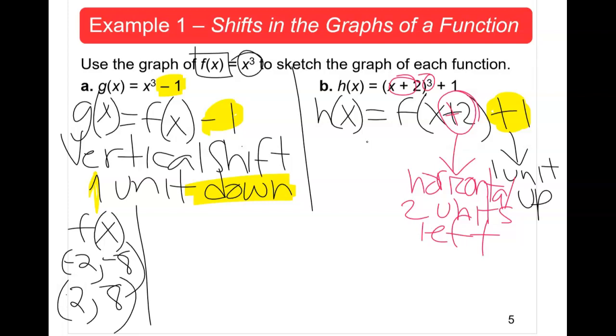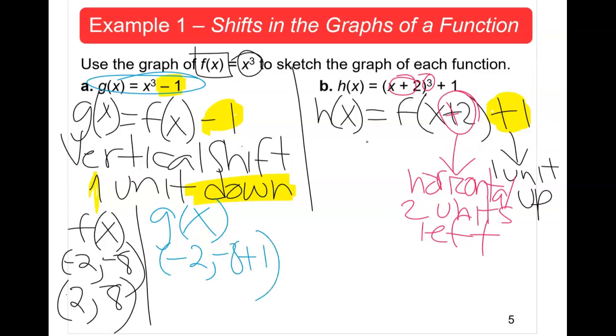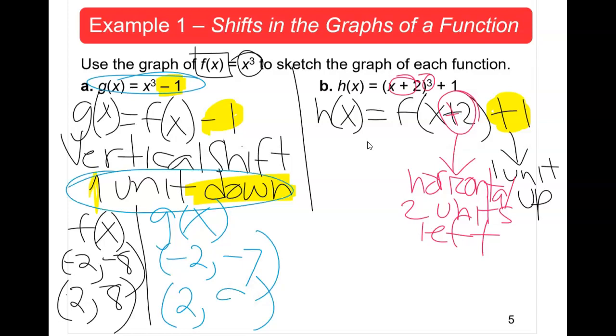So for this function, g of x, we're going to add 1 unit to the y coordinate because we're making a vertical shift. And so this point will be -2, comma, and here we will have -8 plus 1. So that is actually -7. And for the other point, we're going to have +2 for the x, nothing happens, but we just need to add 1 unit to the y, so that will be a 9.